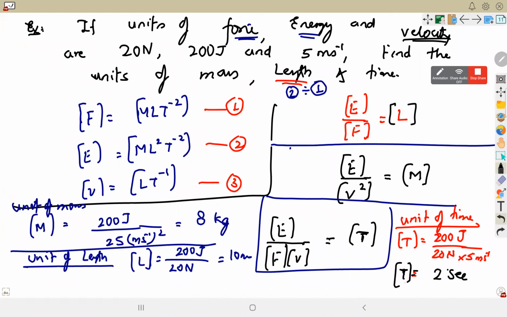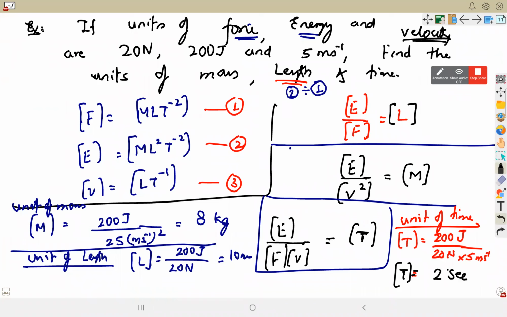If we make a system in which the unit of force is 20 newton, the unit of energy is 200 joule and the unit of velocity is 5 meter per second, then in that system the mass, length and time units we can figure out just by writing the dimension of these quantities in terms of force, E and V. One way was to calculate directly with the help of F to the power a, E to the power b and V to the power c, but then three different equations have to be made, once for mass, once for length, once for time. So the better way is the dimension approach.